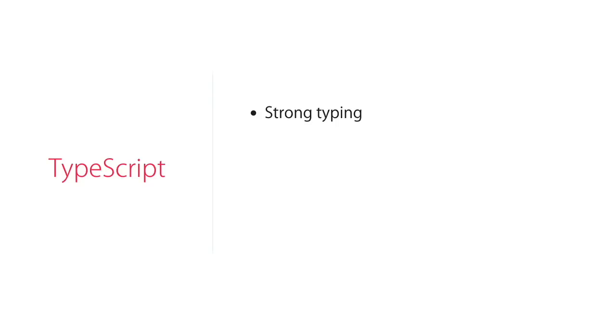If you have worked with languages like C# and Java, you know that in these languages, when we define a variable, we need to specify the type of that variable. Now in TypeScript, typing is optional, so we don't have to use this feature. But using this feature makes our applications more predictable, and it also makes it easier to debug them when something goes wrong.